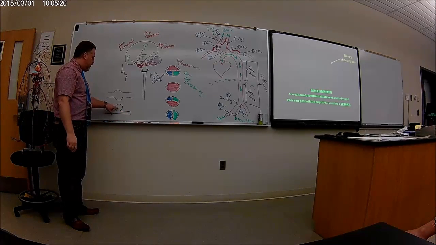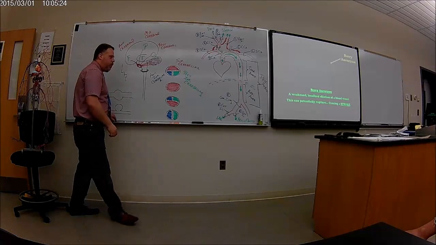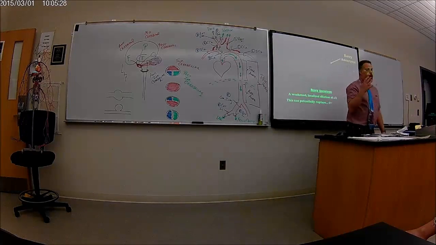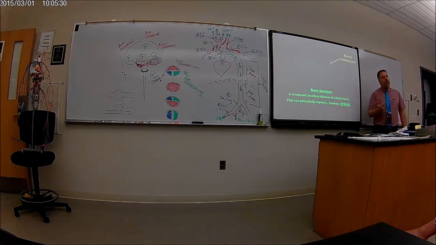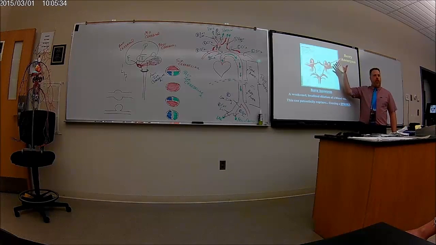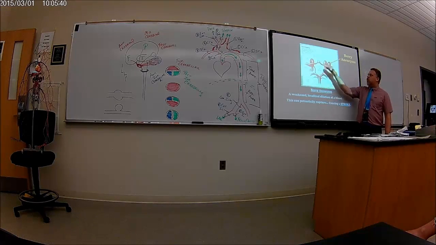Either way, this is a very thin area and it can burst. A lot of people have, well, not a lot of people, but people who have berry aneurysms don't even know they have them. It's a congenital thing. And it could be right there. If that bursts, blood is just going to pour out of there. I don't care if there's two ways that blood can get to, it's still going to pour out of a hole.